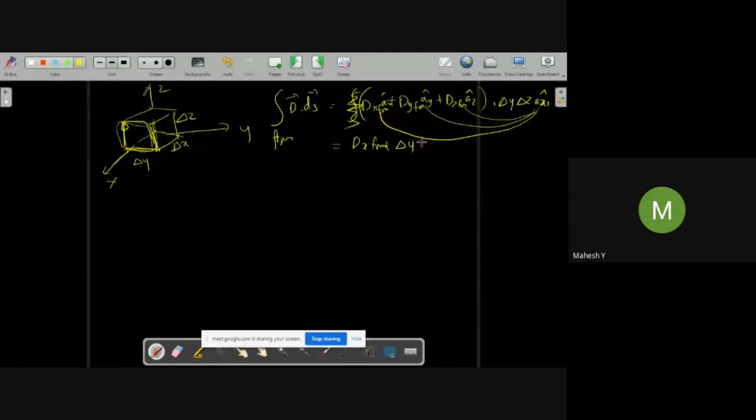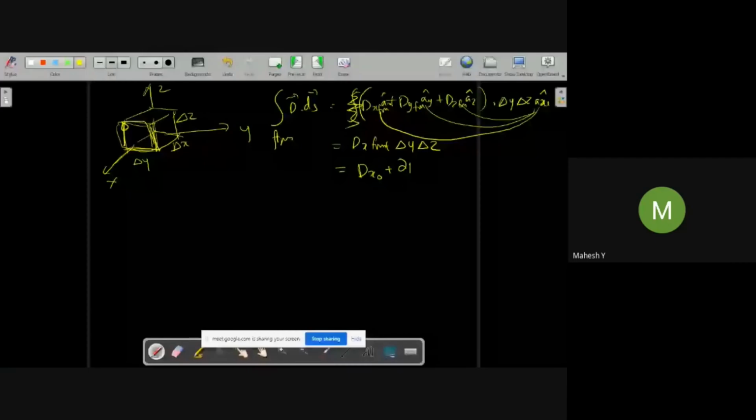Now what do I have to substitute for dx front? It will be dx0 plus dou dx by dou x into delta x by 2 into delta y delta z.